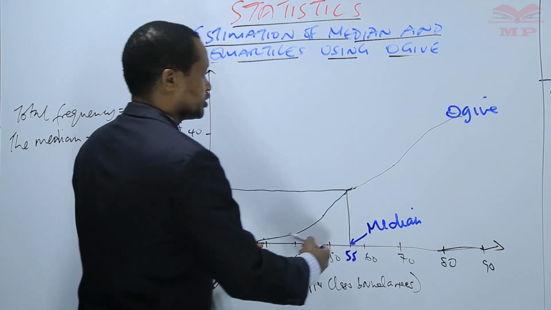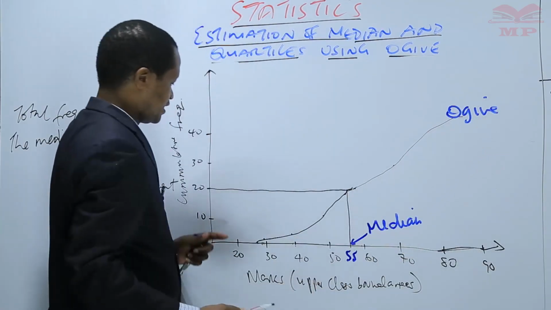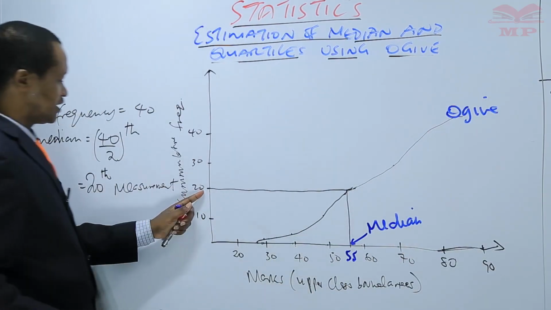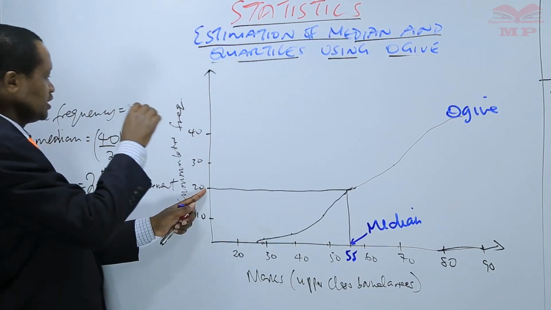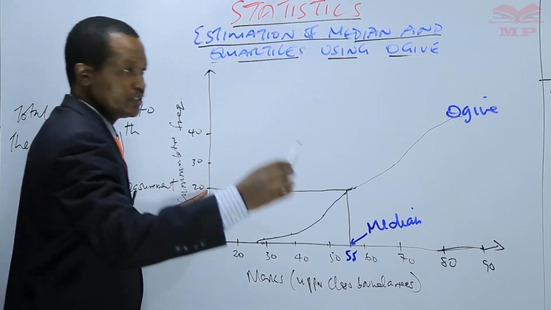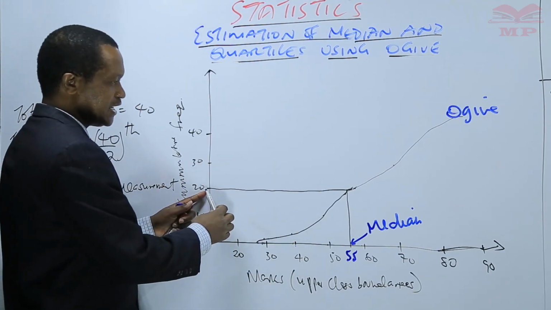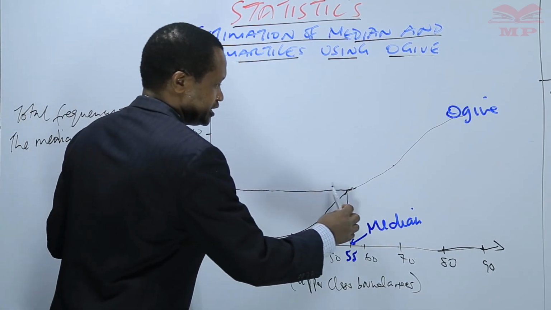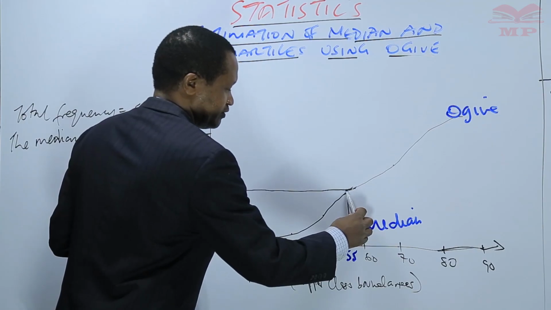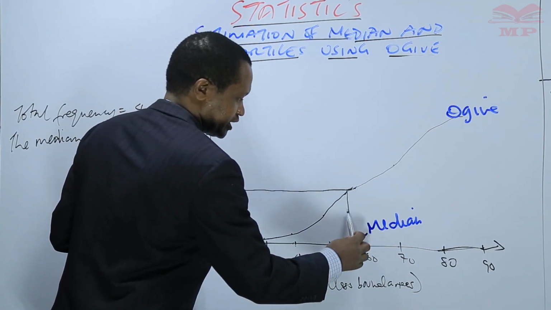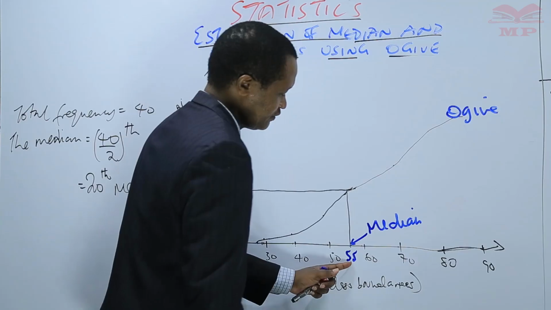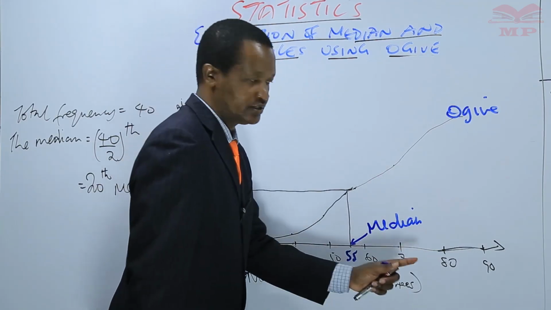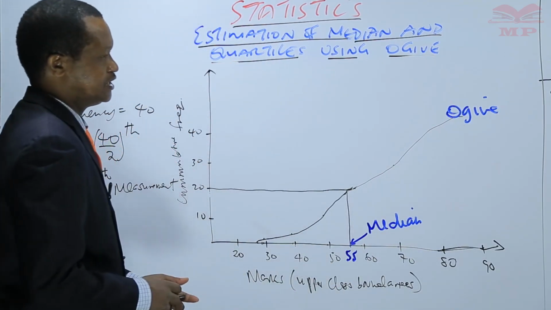Then you come to the 20th measurement, which is the median, half of the total frequency. You draw a line until it cuts the ogive, then draw a vertical line up to the horizontal axis, and this point, 55, is the median. That's how you determine the median.